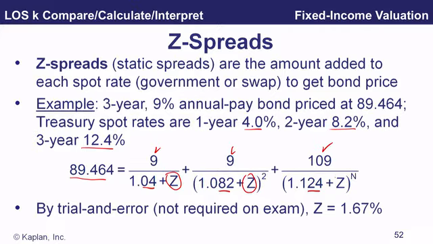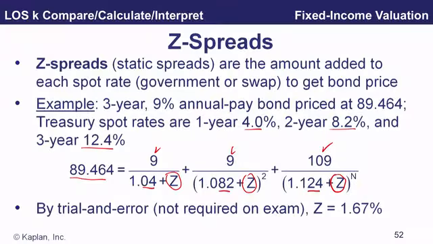It's that single amount increase in interest that we would need to add to each spot rate to price correctly this corporate bond. So that's the market price for the corporate bond. Clearly, if we used the spot rates for Treasury bonds, which have less risk, we'd overprice it.